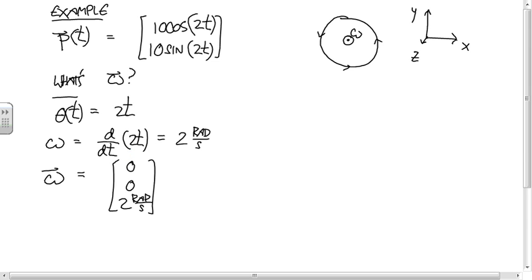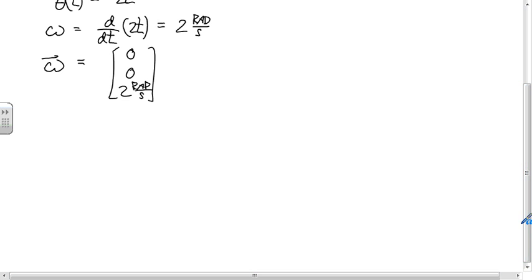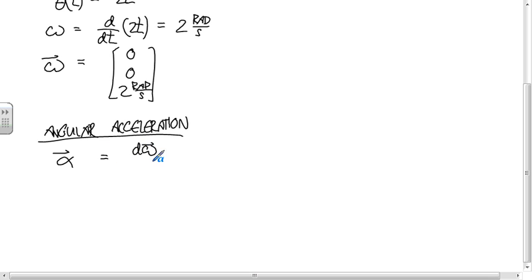So now that we've defined angular velocity, we have to define angular acceleration. Angular acceleration is the same whether you're in 2D or 3D. So the angular acceleration, which is the Greek letter alpha, is equal to the derivative of the angular velocity vector with respect to time. And there's something you need to remember about the difference between 2D and 3D here.